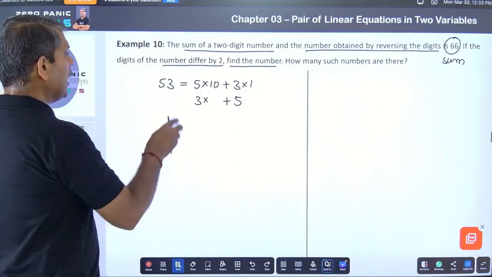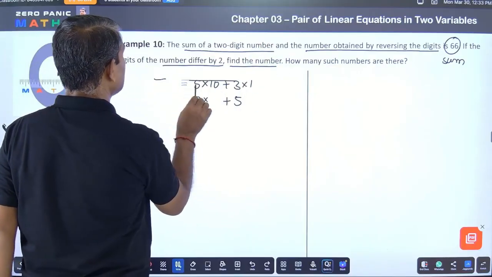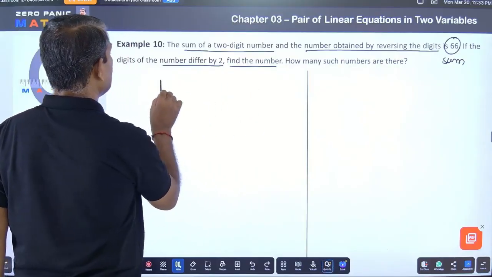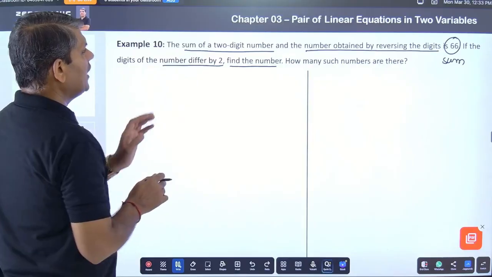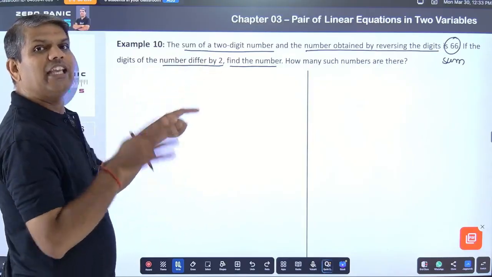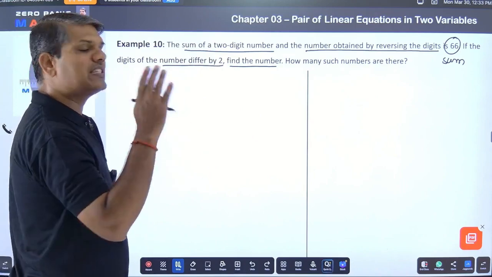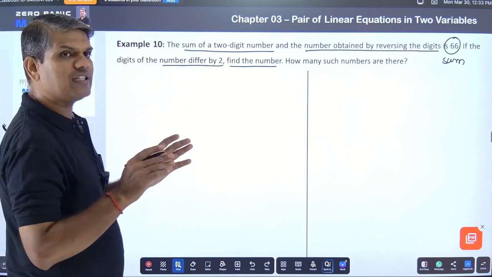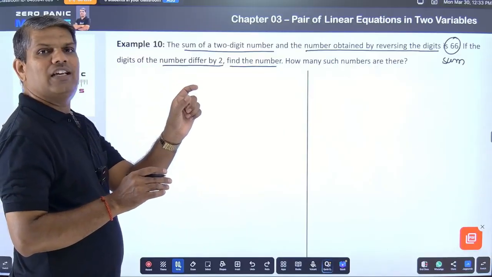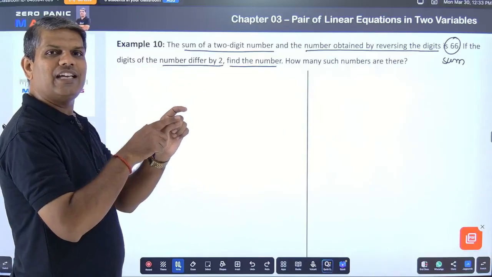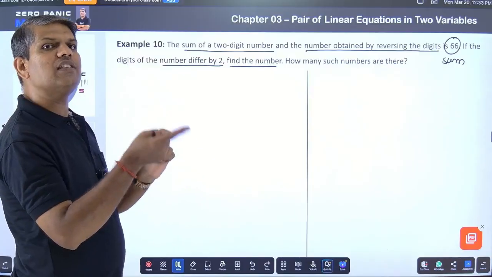Now let us consider the generic solution. Let the first digit be x and the second digit be y. Let us consider that the tens position digit is x and the unit position digit is y.